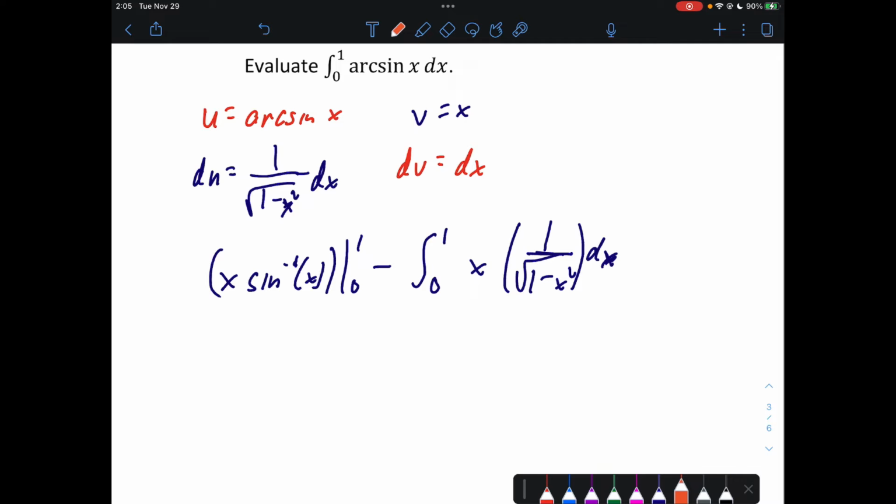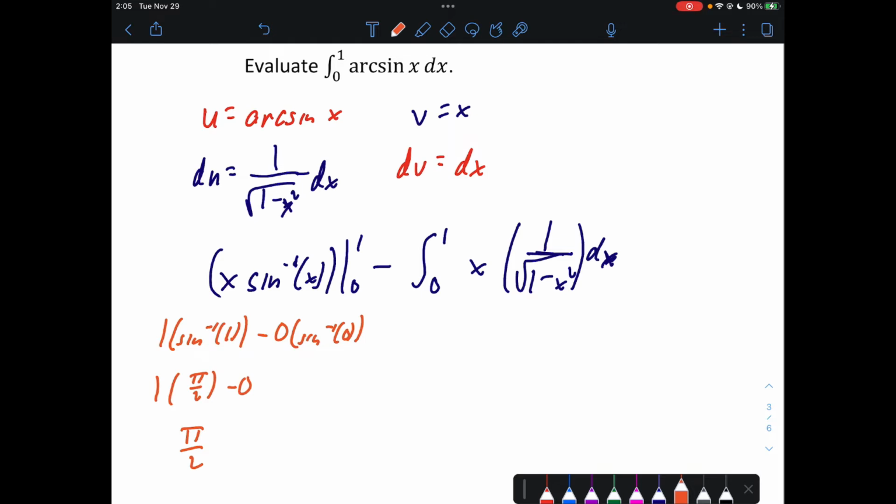We substitute 1 in, we would get 1 times sine inverse of 1 minus 0 times sine inverse of 0. So that's just going to be 1. And the sine inverse of 1, where does the sine equal 1 at? That would be pi over 2 minus 0. So this whole first part is just equal to pi over 2.